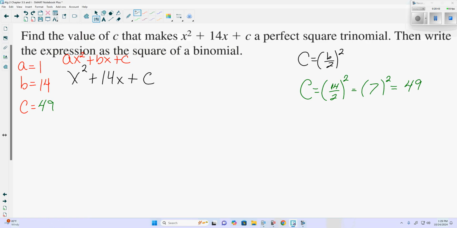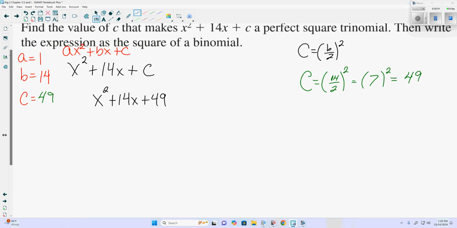So our perfect square trinomial is going to be x squared plus 14x plus 49. Now the last thing we need to do is rewrite this as a single set of parentheses being squared. Our perfect square trinomial, we need to factor it.